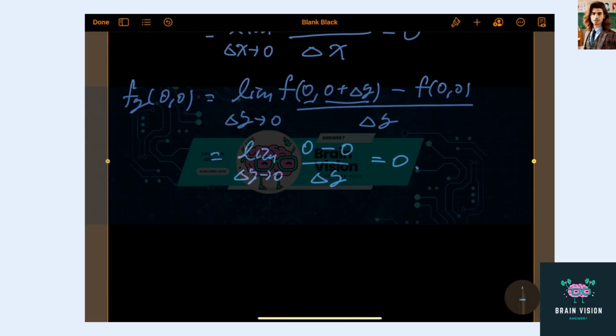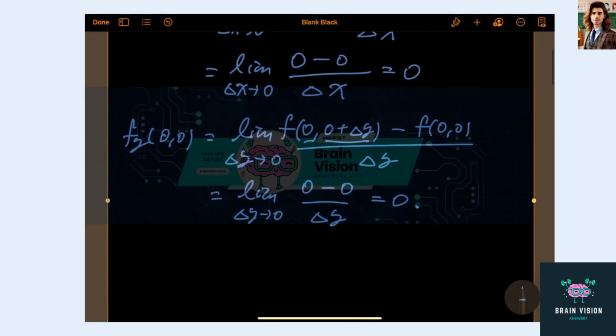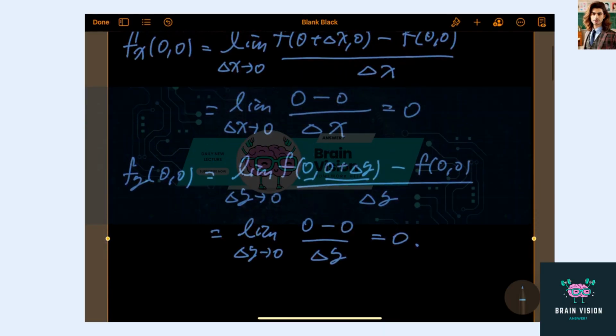Okay, so now that we know that the partials do exist for both x and y for the function f, we just need to prove that f is not differentiable at (0, 0). We're going to do that by using Definition 7 in the textbook at page 970.